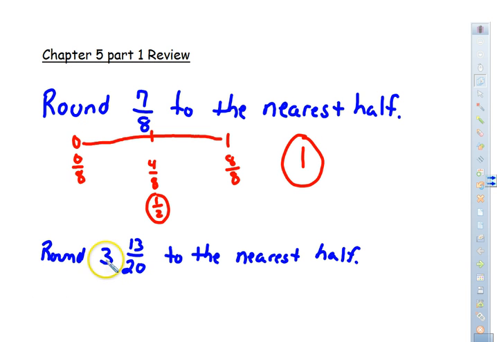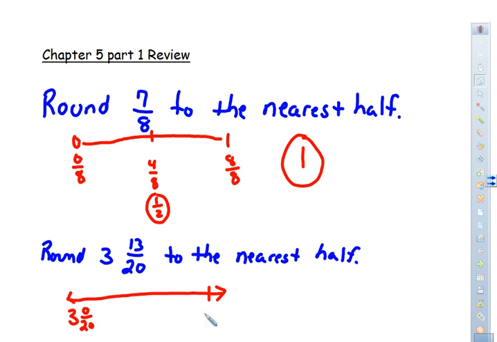For this next one, I have 3 and 13/20ths. We're not going to worry about the 3, the whole number, as much as the fraction itself. Again, if we use the number line, 3 whole is going to be here, and that would be 0/20.